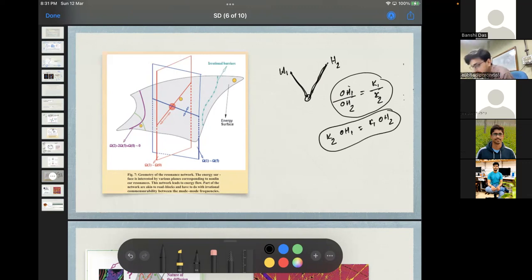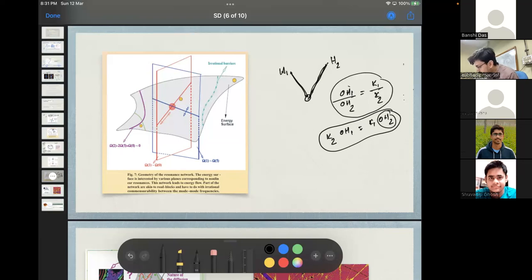This is the resonance condition. That means the OH1 mode will gain or lose K1 quanta of energy, and the OH2 mode will gain or lose K2 quanta of energy. Classically, energy transfer happens through this type of resonance condition.